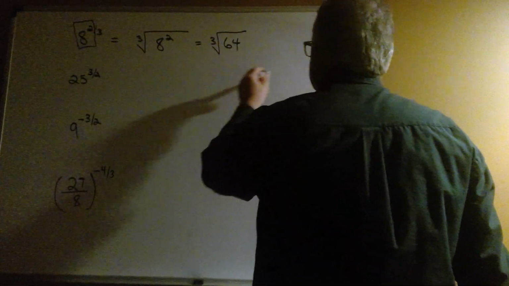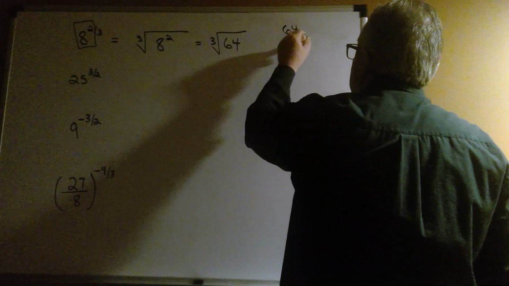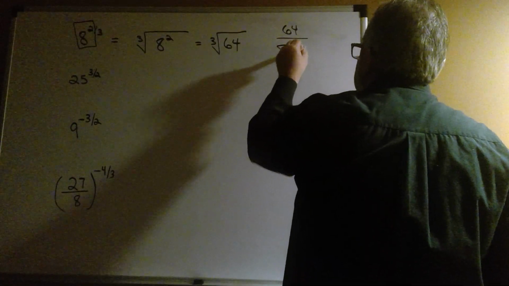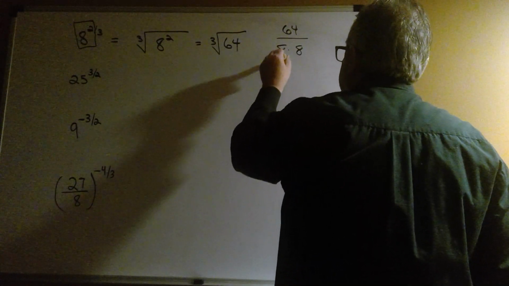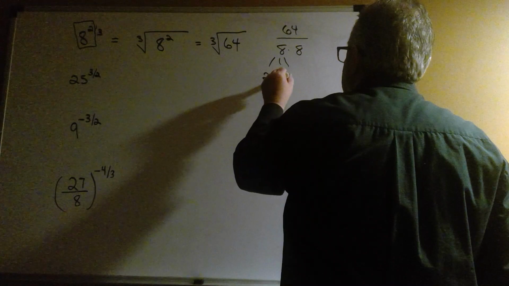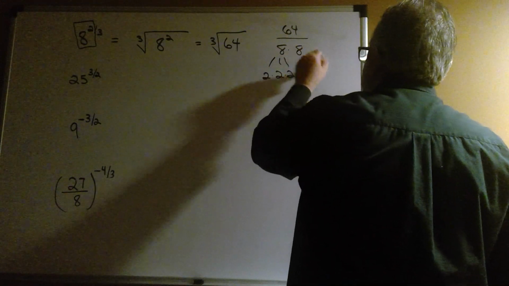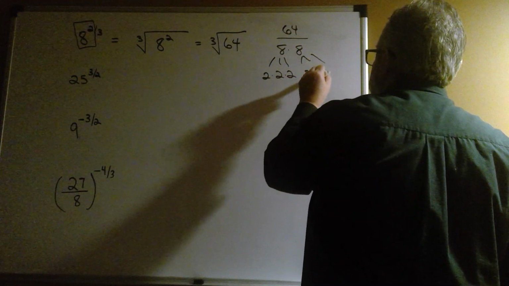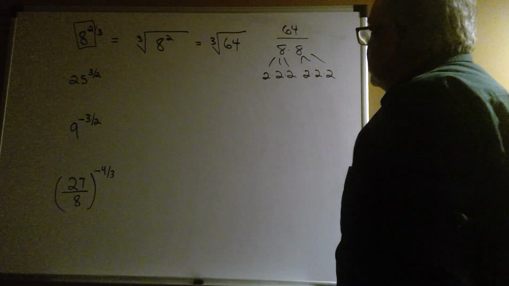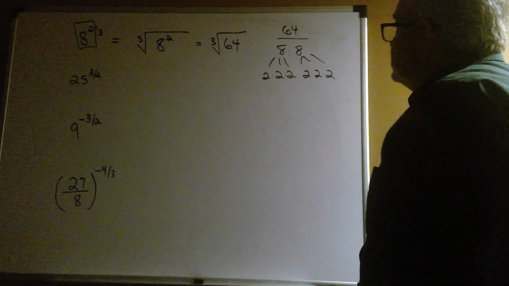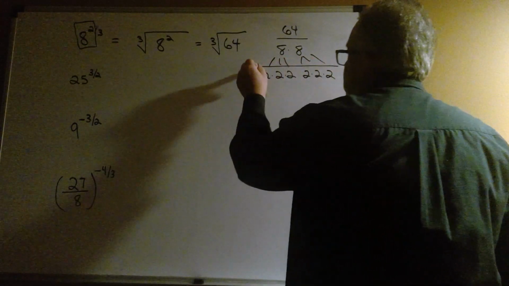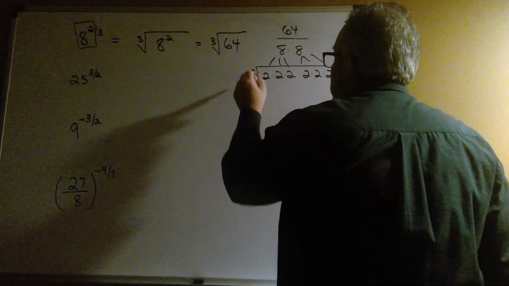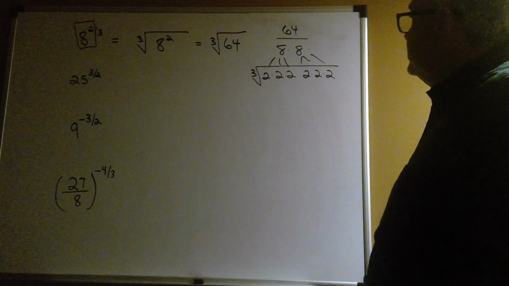So over here I've got 64, and that's 8 times 8. I know the 8 breaks down to be 2 times 2 times 2, and this 8 would break down to be 2 times 2 times 2. Okay, and then I'm saying, what is the cube root of this?